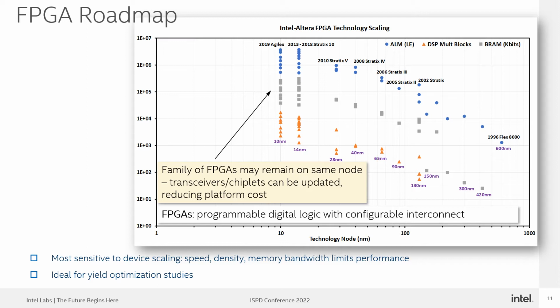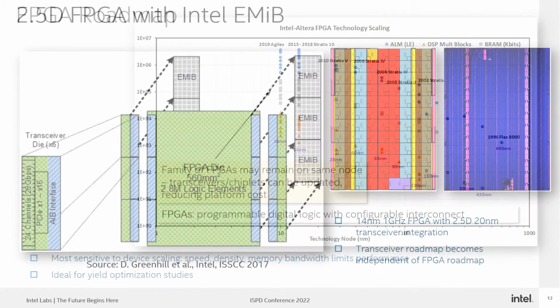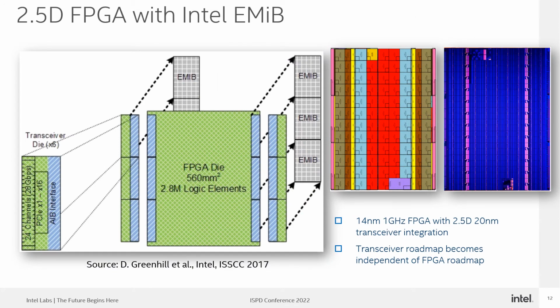FPGAs are most sensitive to device scaling. Speed, density, memory, bandwidth, all of those limit the performance of FPGAs. So it is ideal to go to integration for yield optimization in FPGAs. What we did was we had a large FPGA die, 560 millimeter square, connected over EMIB to different transceivers.